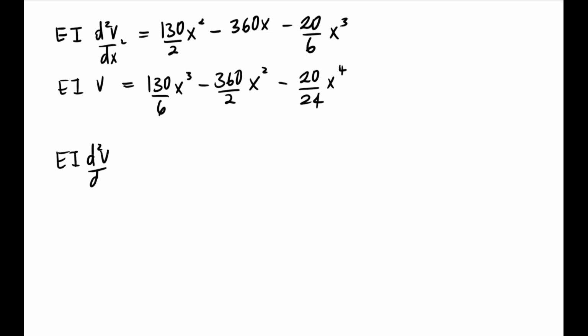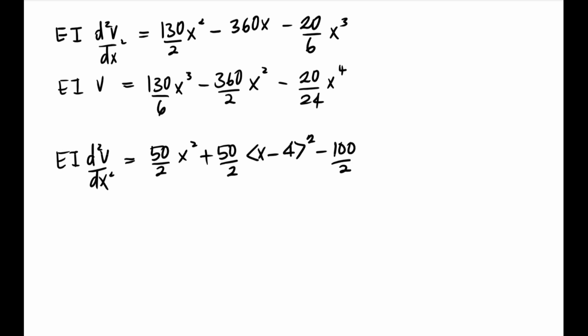Okay, EI dy/dx squared is equal to 50 divided by 2 x to the power of 2 minus 50 divided by 2 (x minus 4) to the power of 2 minus 100 divided by 2 (x minus 2) to the power of 2 plus C3.